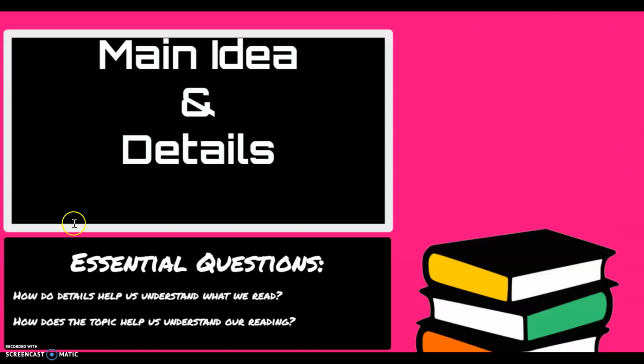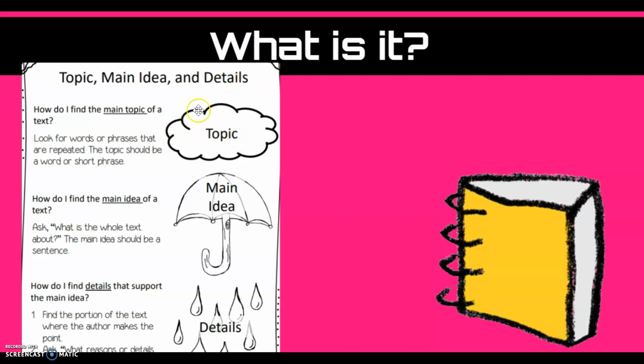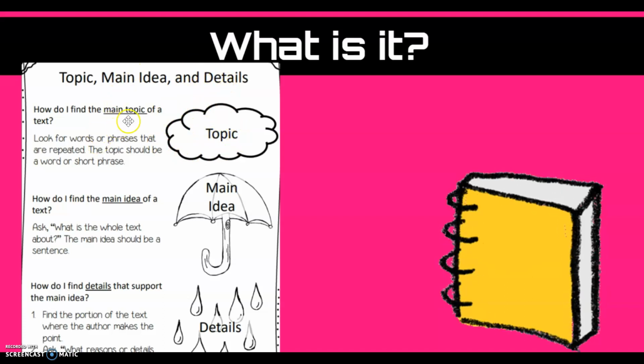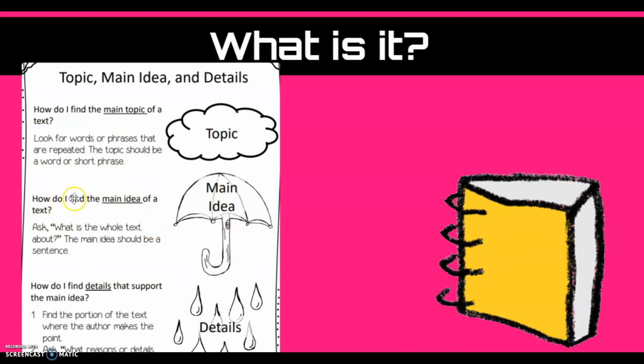Now, a quick reminder that we, as good readers, look at the main idea to see what the whole story is about. We start with the topic, 1 to 2 words that is in every paragraph of the story. Then we get the gist, and we can ask ourselves, what is the whole text about?